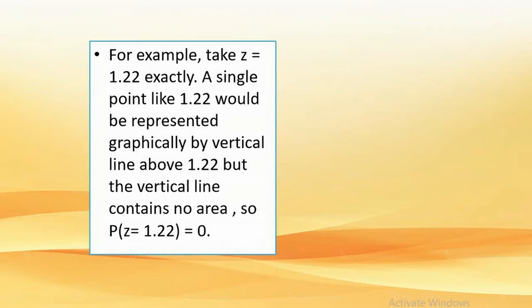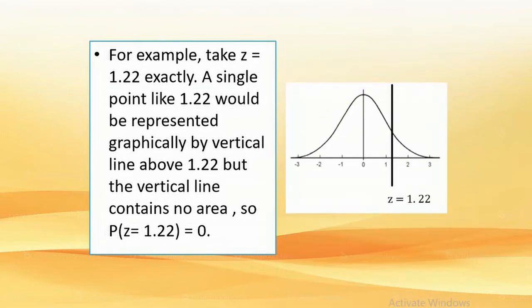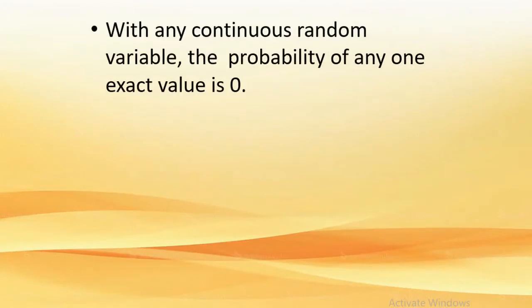A single point like 1.22 would be represented graphically by a vertical line above 1.22, but the vertical line contains no area. So P(Z = 1.22) = 0. With any continuous random variable, the probability of any one exact value is 0.